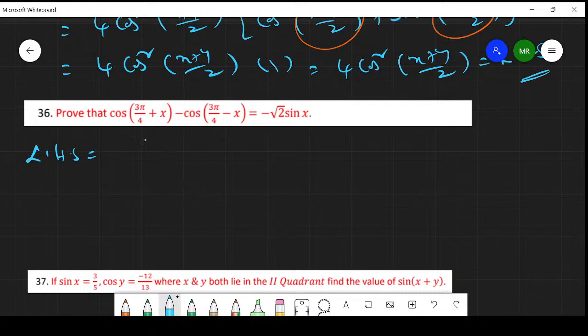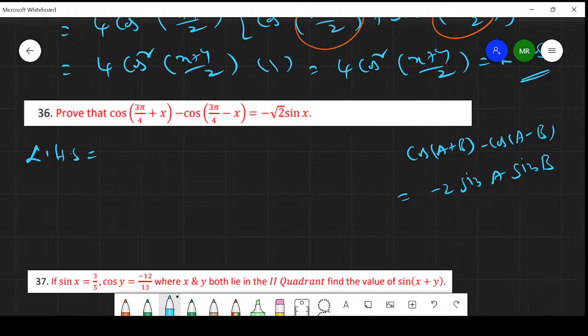Remember cos of (a + b) minus cos of (a − b). Or I can use the cos C minus cos D formula, just like the previous one that I have done. If you remember that, cos of (a + b) minus cos of (a − b) is always equal to minus 2 sin a sin b.